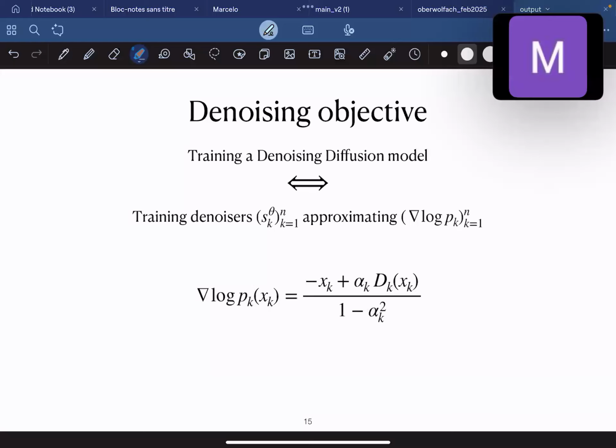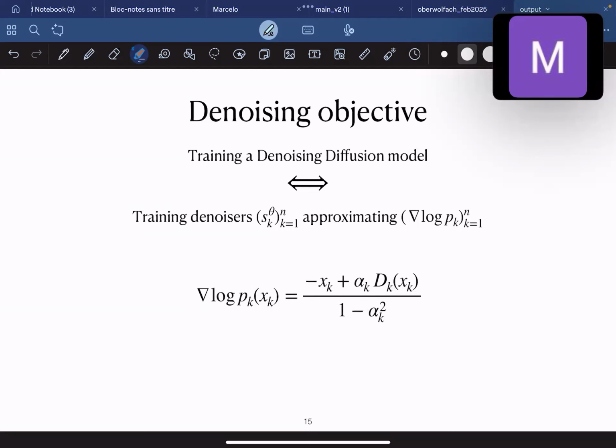I also want to recall that, by Tweedie's formula, there is a well-known relation between the denoiser and the score of your ideal diffusion model. If you consider the score of your ideal diffusion model, meaning the gradient of the log of the marginal at step k, for k equals 1 to n, you can relate this score to the denoiser by the following expression.